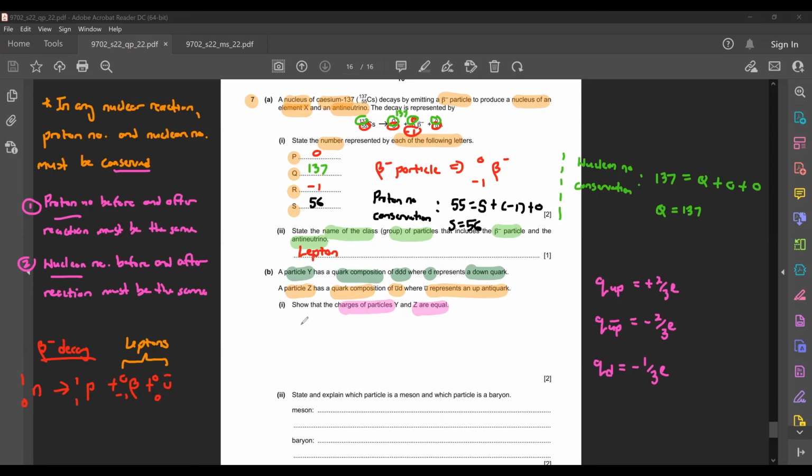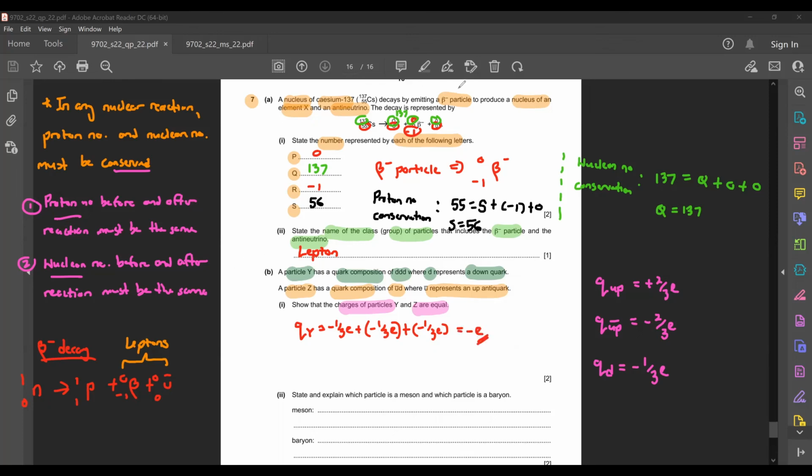So for particle Y, the charge would be 3 Ds, 3 down quarks added together. So it's -1/3e plus -1/3e plus -1/3e, in the end giving you an answer of -e.